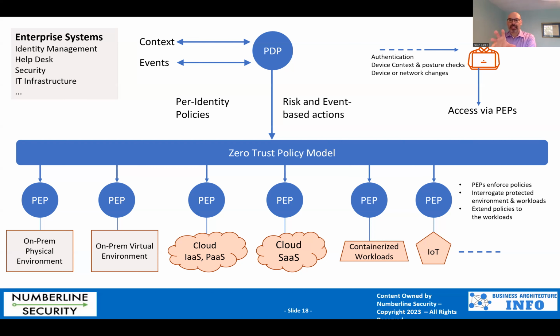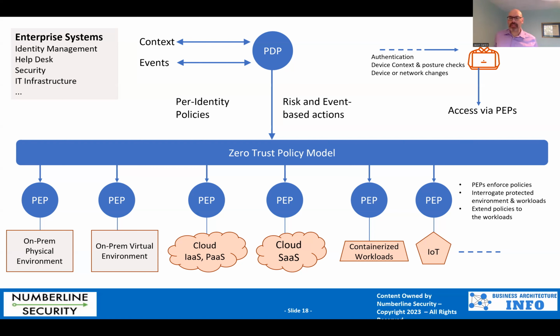The system itself needs to be dynamic and be able to respond to risk and event-based action. So we have, for example, some users' endpoint management system indicates some sort of indication of compromise or anomalous activity. That event needs to flow through, change the risk level for that user, and most likely have an impact on what that user can access.